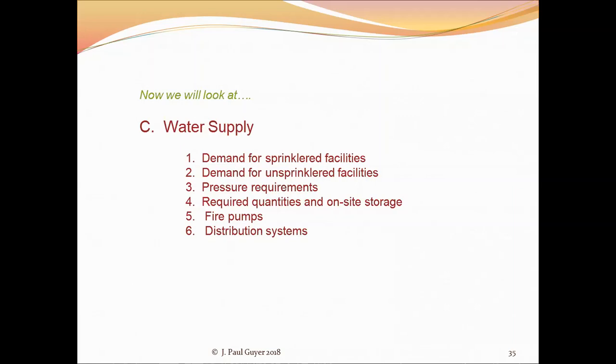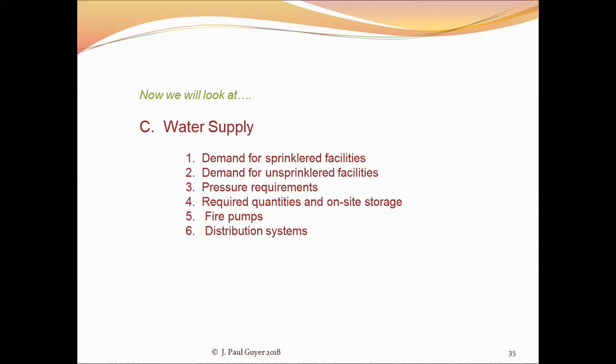Okay, now let's look at this issue of water supply. You're building a building and you need fire protection for it, and you have construction 95% done, and you walk out to the road and start looking for the fire hydrant, and there's no fire hydrant. And as a matter of fact, there's no water distribution system.